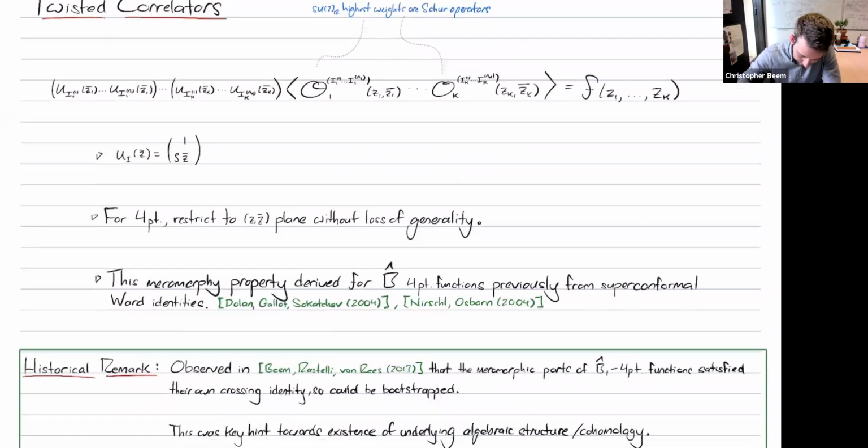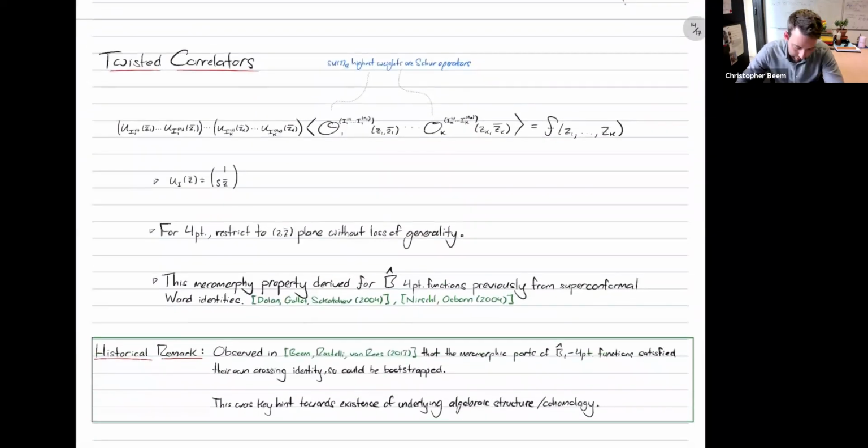Okay. So now we can go to the second layer, which was at the level of correlators, and this is just putting some equations to the words I was just using. If I wanted to find a correlation function that is well defined at the level of this Q cohomology, I'm going to have constructions that look like this.